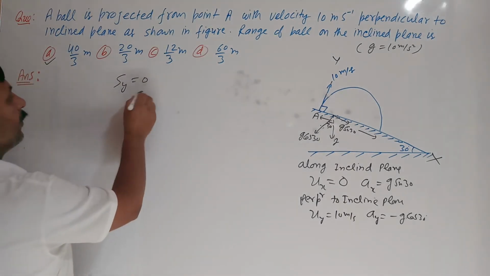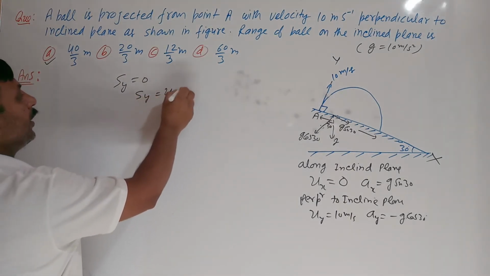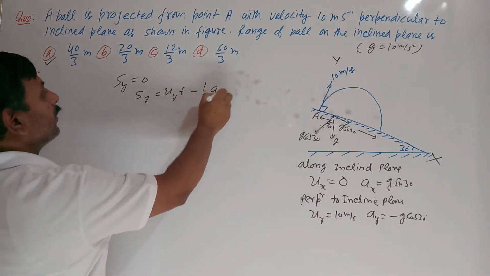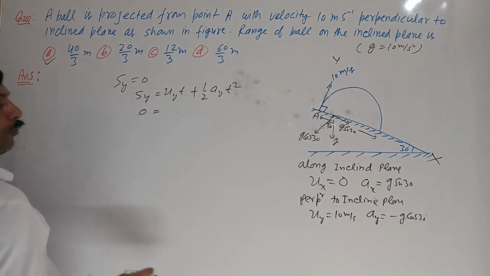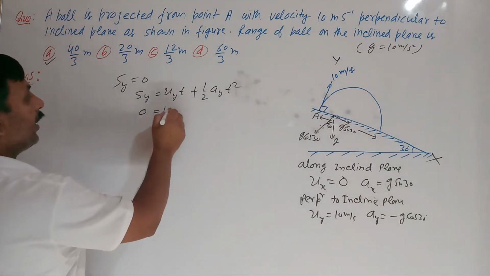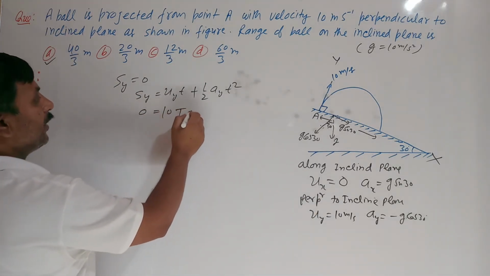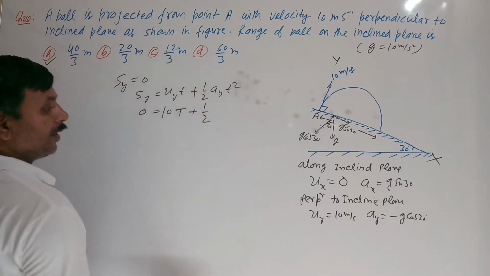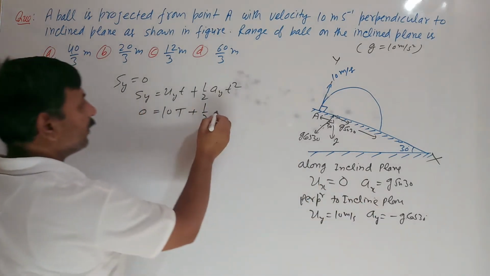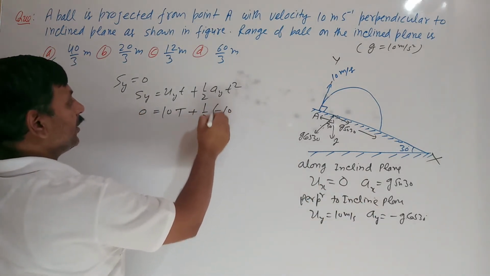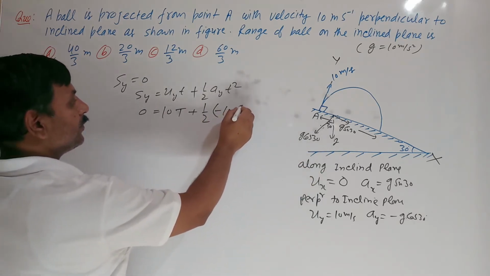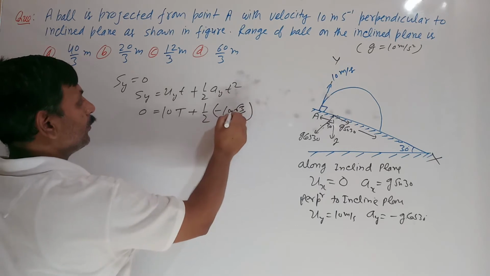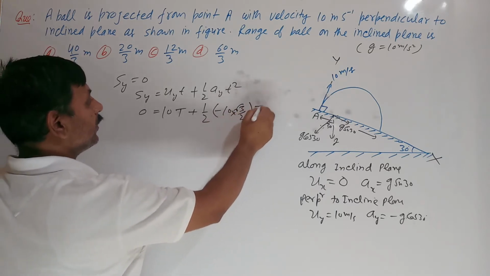So Sy is equal to Uy t plus half Ay t square. 0 equals 10 t plus half, Ay is minus G cos 30, root 3 by 2, t square.